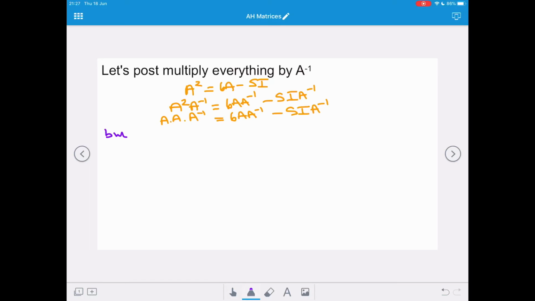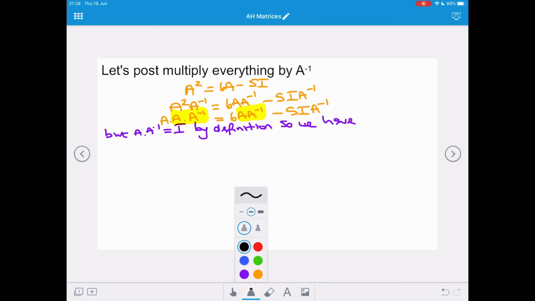But we know that if we pre-multiply the inverse by the original matrix, we're going to end up with the identity matrix. And that is by definition. So that means we have one instance of A post-multiplied by its inverse on the left-hand side and one on the right-hand side.